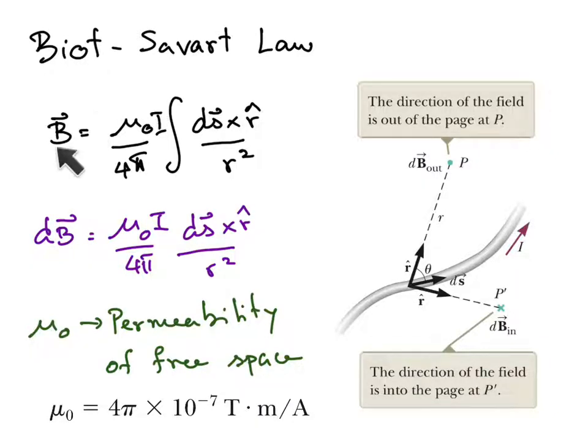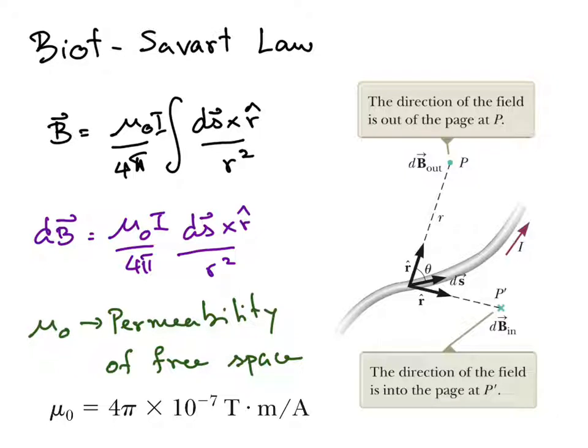To understand the Biot-Savart law, we may interpret it by taking this constant mu0 I. We are interested in the case of constant I only.